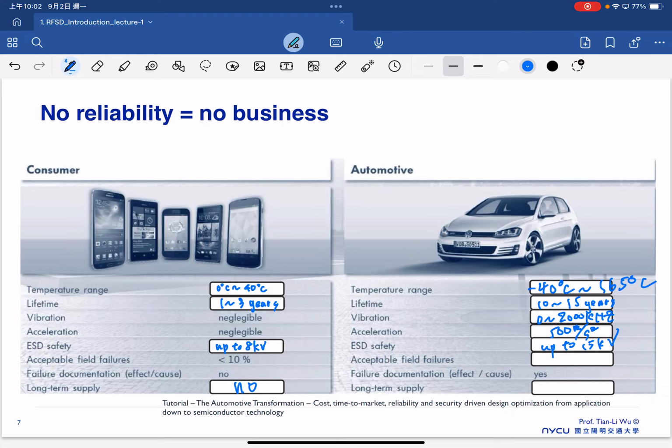And then most important is the failure rate. Actually, the goal for automotive is to have zero failures, because that's related to customer trust.